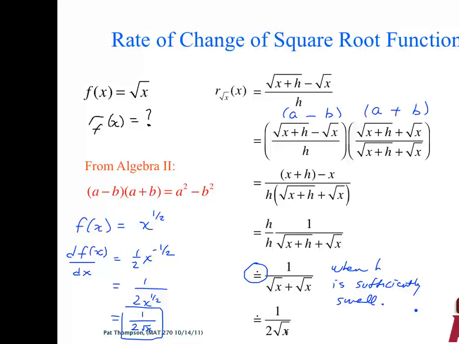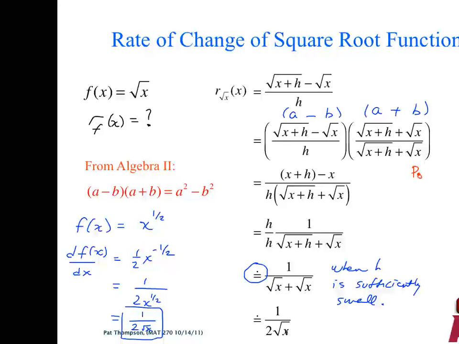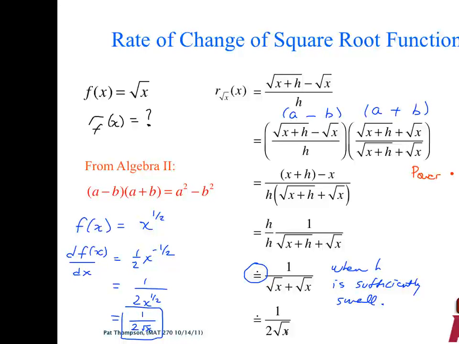Okay, so let's practice. This x to the n is called the power rule. So the power rule we know is the closed form for the rate for x to the n. Okay, so now we're going to practice.